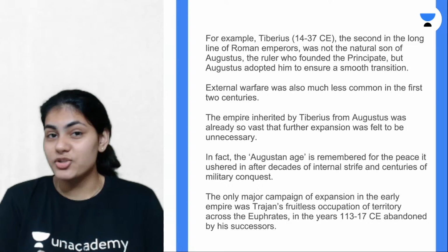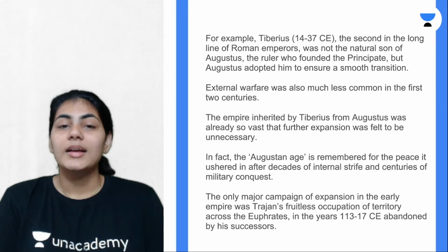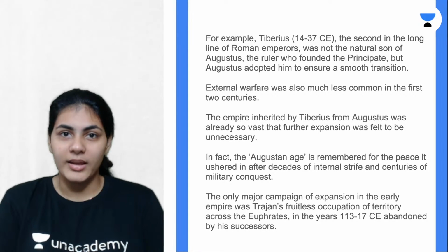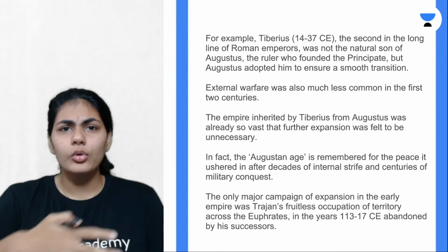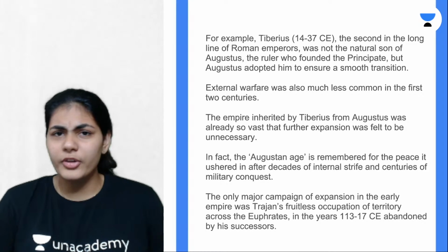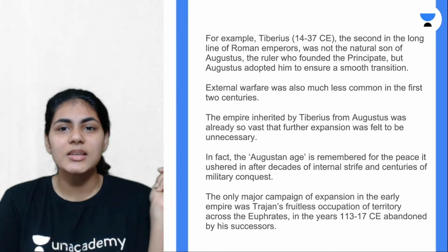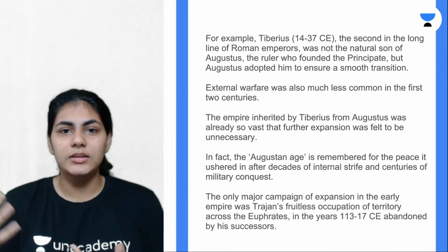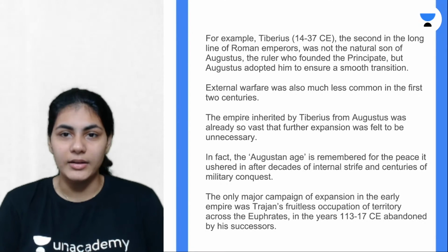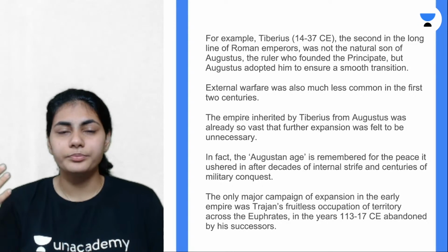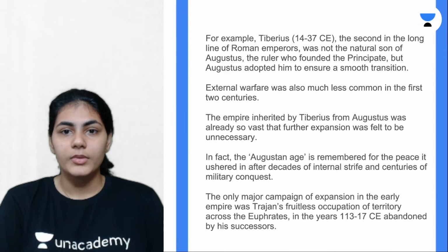He was not the biological son of Augustus, but Augustus adopted Tiberius. We don't know who Tiberius is, whether some nephew within the family or an orphan, we don't know. But somehow Augustus adopted Tiberius, and Tiberius succeeded to the throne. So even if it's an adopted son, he can still become the emperor as long as it's within the family.